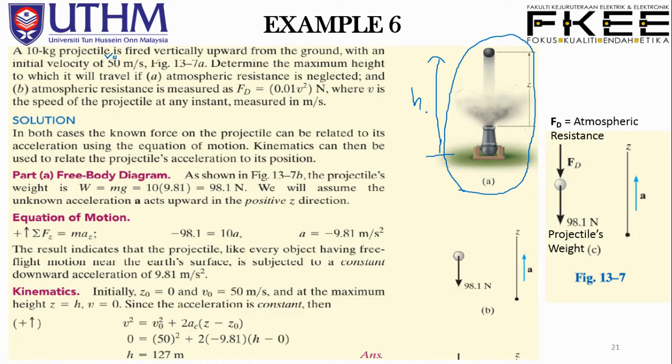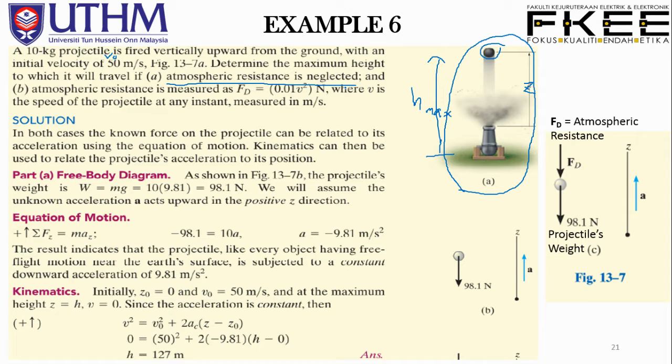So h max, the maximum height the projectile can reach, is shown over here, z. The maximum height to which it will travel is a. Atmospheric resistance is neglected.